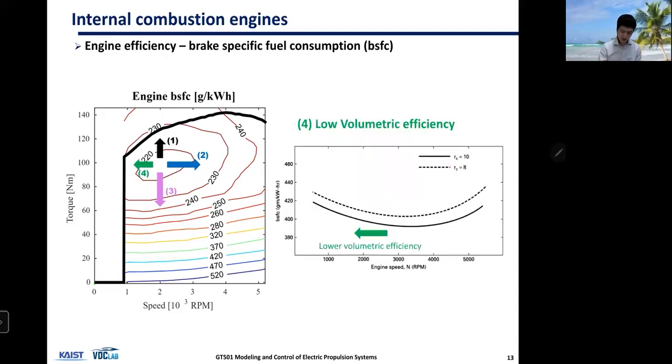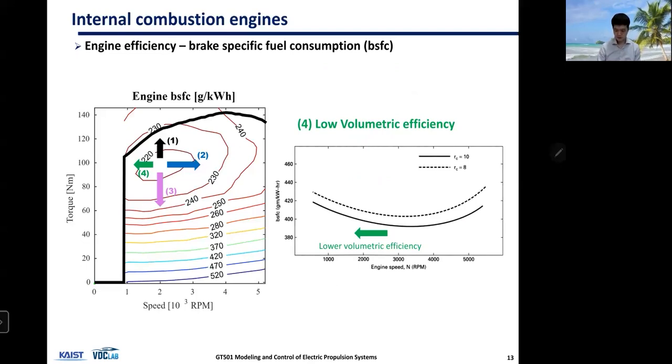And then as you go towards lower speed, you get lower volumetric efficiency, meaning that you're not fully utilizing the engine volume to produce power.